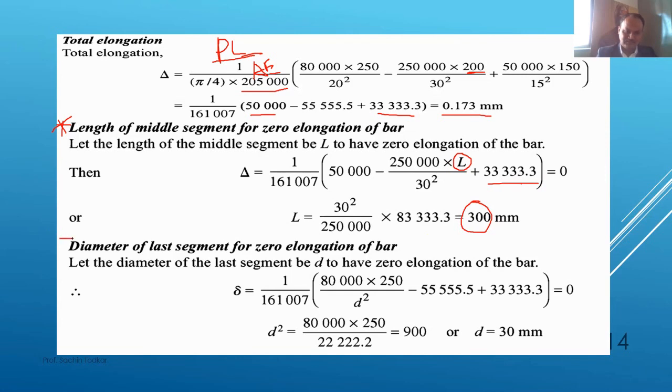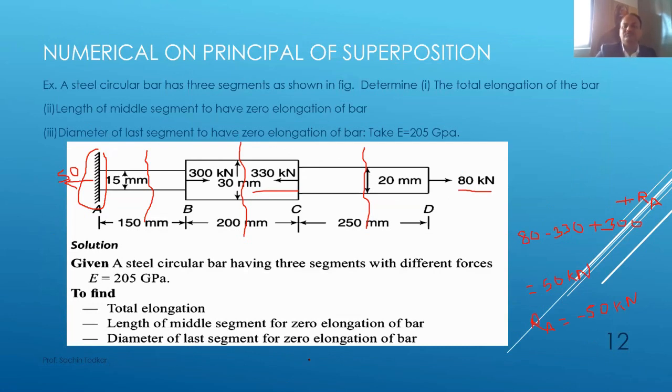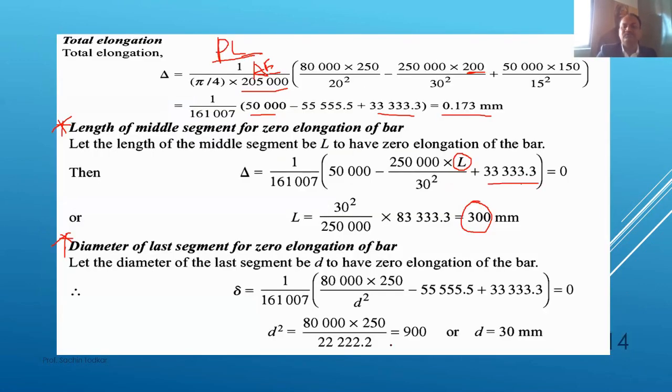And similarly, the third part, the diameter of the last segment. So which is the last segment? This one, the last segment from the support. We are going to change the diameter of this last segment, and for that we'll write only here, the diameter is 20, we'll write it as D. And again we will solve the numerical similar to the first numerical.